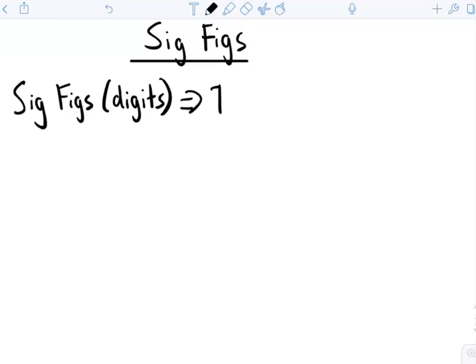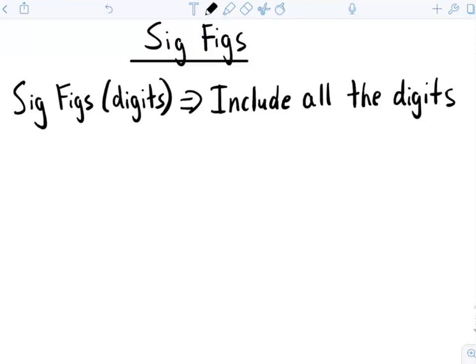So they include all the digits. And digits are just going to be numbers. So, for example, if I had 5, 4, 3, 1, those are all digits that are a part of that number.